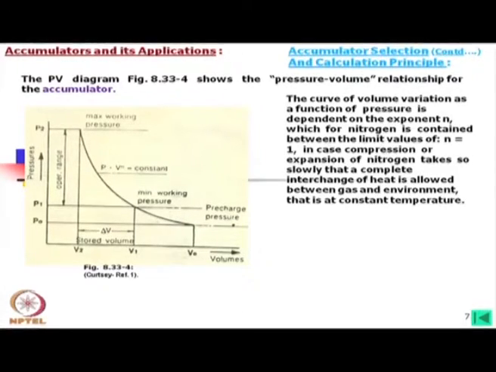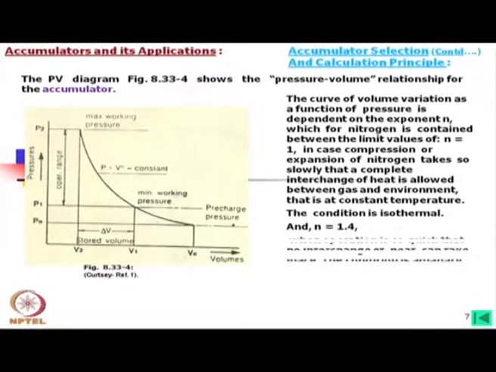So, this is for the slow process. Now, this condition we call isothermal. Sorry, perhaps I said earlier that a very quick process is isothermal. It is not that. Interchange time is required, and n maximum is equal to 1.4.